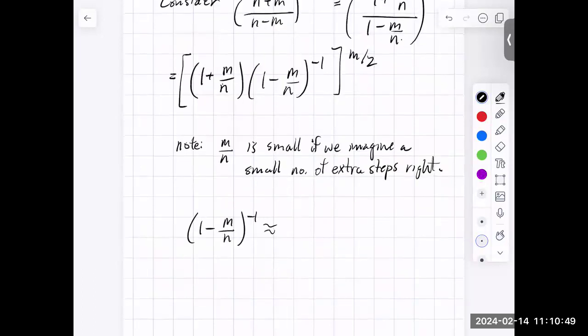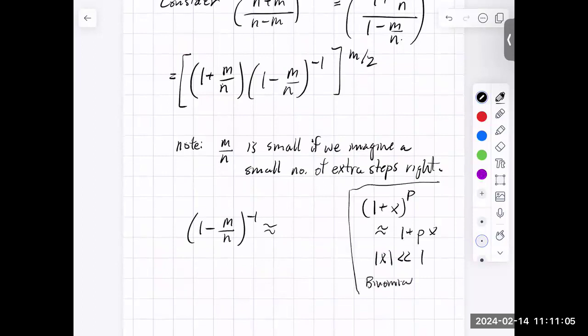Do you remember (1 + x)^p is approximately 1 + px for the absolute value of x much less than 1? This is the binomial approximation.